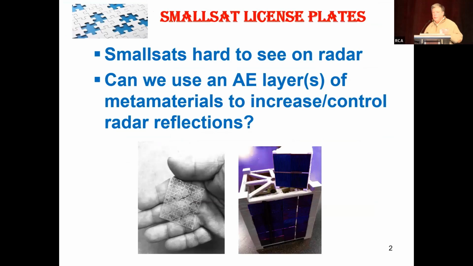S-band is the frequency where you usually are looking to find out what's up there. The way this is usually dealt with is they make something called Van Atta arrays, which would be too big on these small satellites. Or you do a transponder that is a powered transmitter, and you stick it on there, and it beeps away and beeps away. That way you can try to pick up and find out the ephemeris of the satellite.